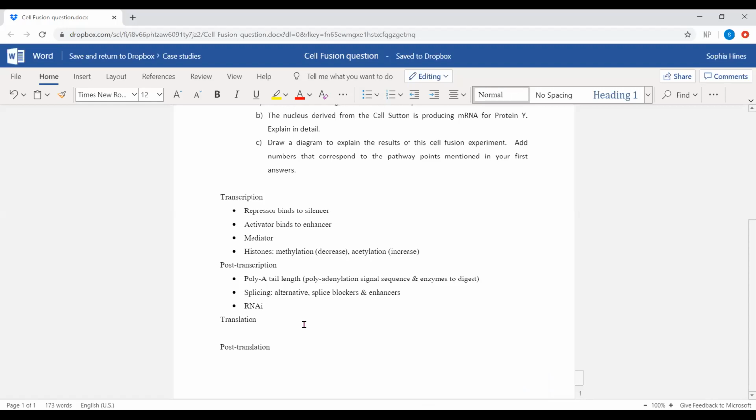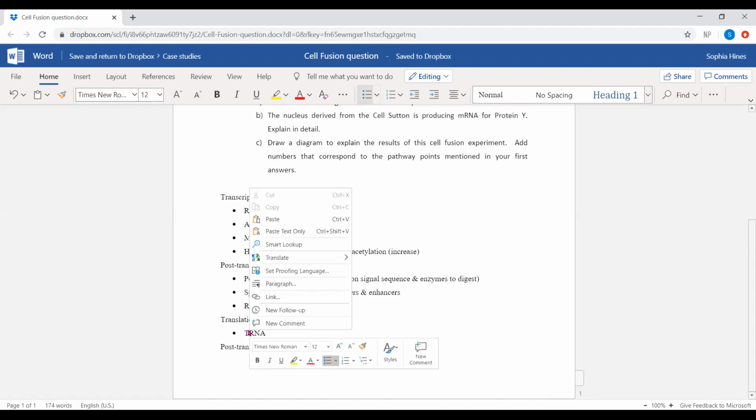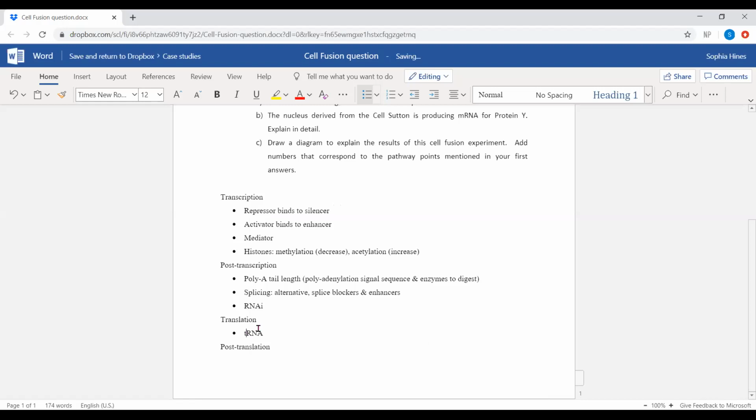Now, if we turned our RNA, we went ahead, we got it all the way to the ribosome, and now we can start changing how it's translated. Sometimes you end up with tRNA shortages. Not every cell uses the exact same number of tRNAs.